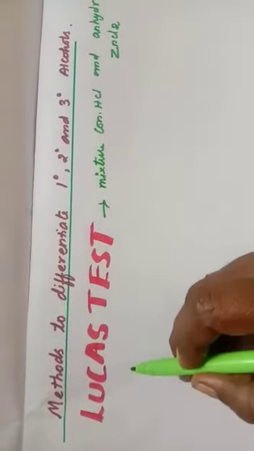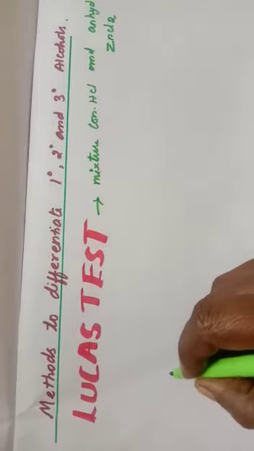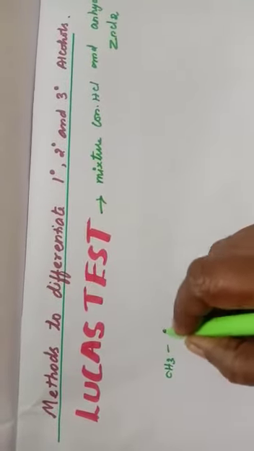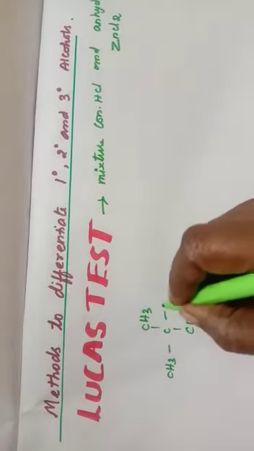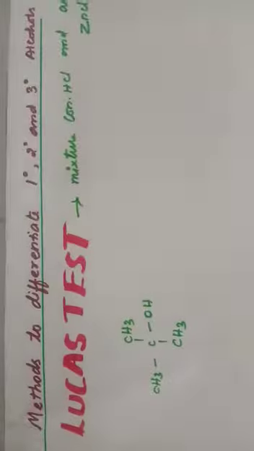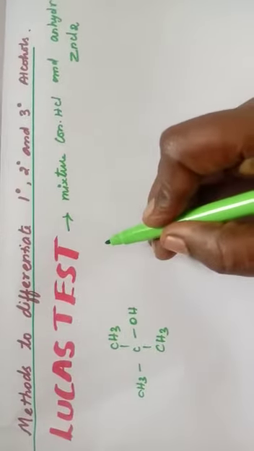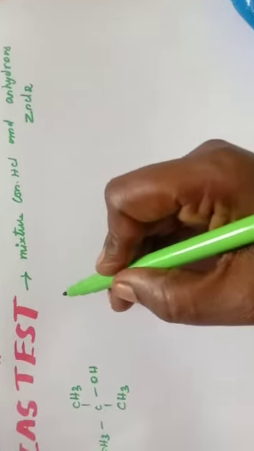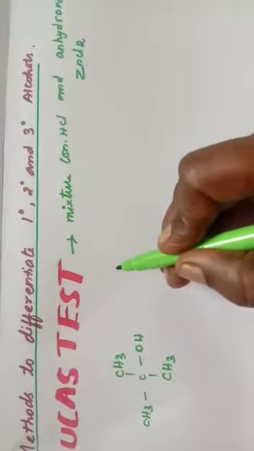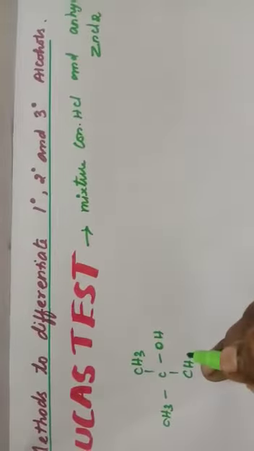When alcohols are treated with this Lucas reagent, tertiary alcohol reacts immediately, secondary alcohol takes 10 minutes to form turbidity, and primary alcohol does not react at room temperature. So this is a tertiary alcohol.